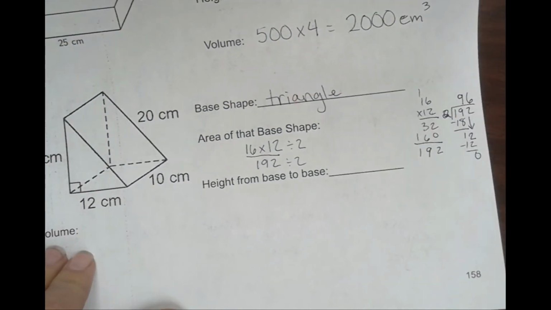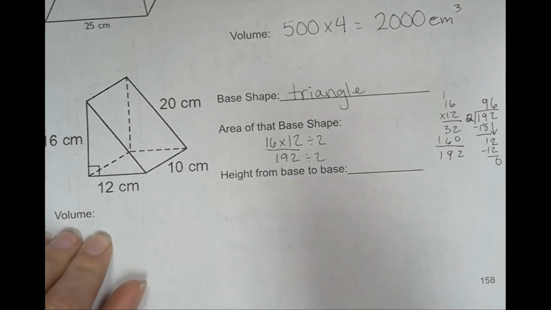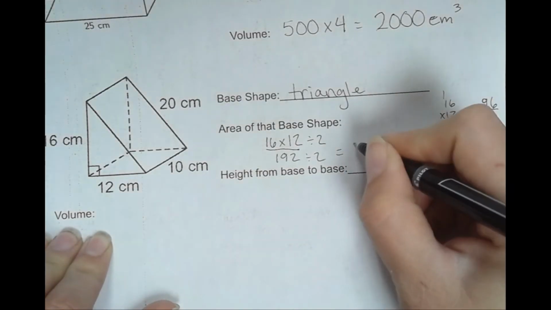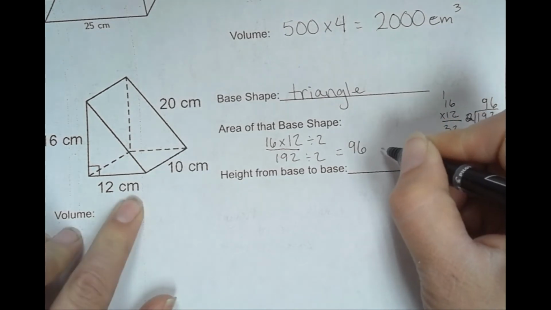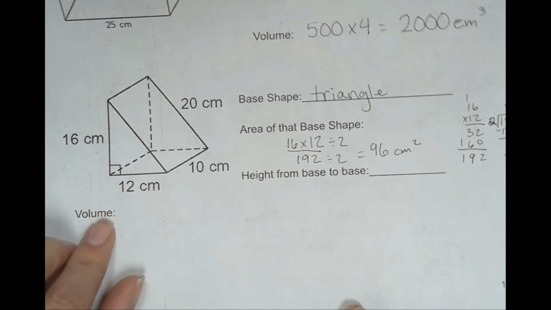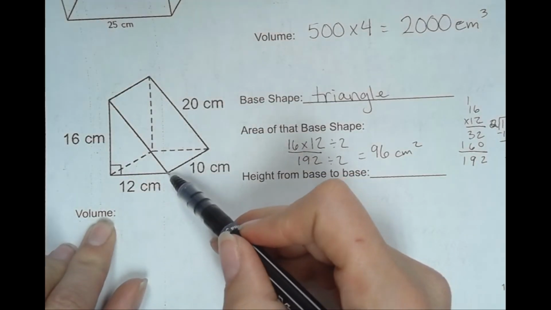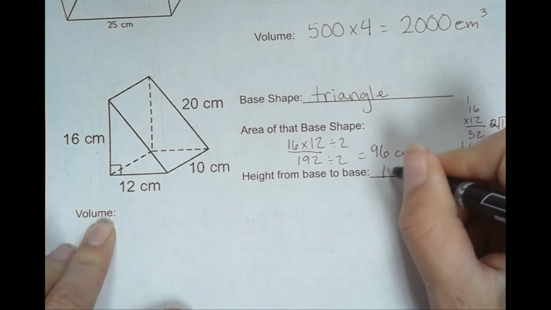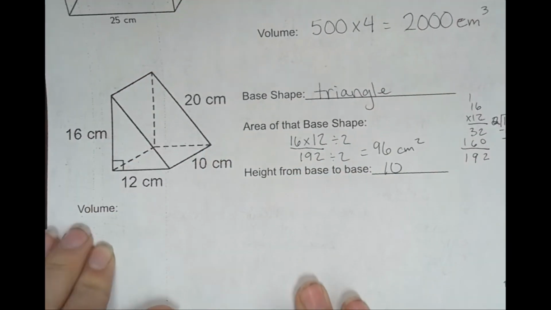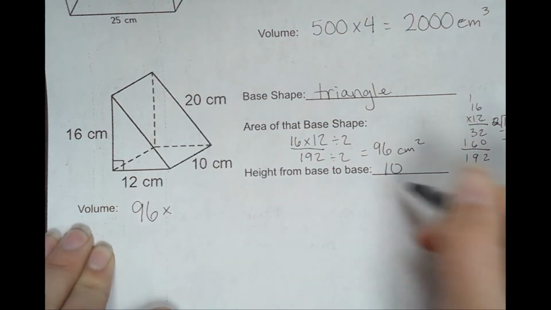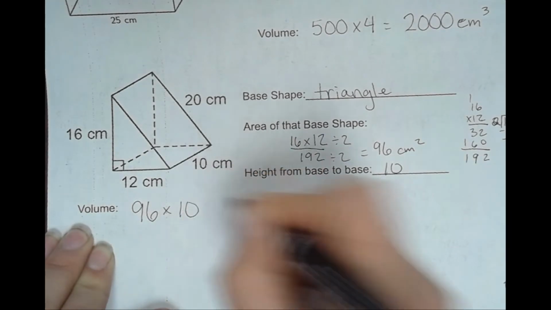So, height from base to base. Oh, sorry, we've got to finish this. So this is 96 centimeters squared. That's the area of just a triangle. Now we've got to find out the height from base to base. So from triangle to triangle, that's 10. So that means the volume is the area of the base shape times the height from base to base, which is 10.